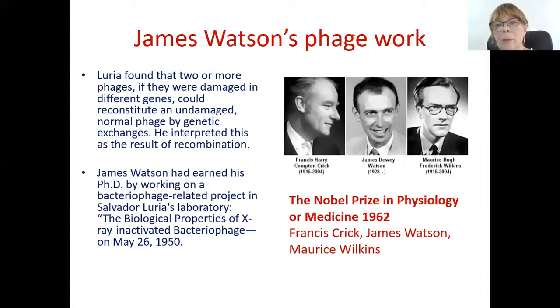Among them was also James Watson, who is known for the discovery of DNA structure. James Watson earned his PhD working on a bacteriophage-related project in Salvador Luria's laboratory, and the title of this project was The Biological Properties of X-ray Inactivated Bacteriophages. He got his PhD in 1950, and later the Nobel Prize in Physiology or Medicine, together with Francis Crick and Maurice Wilkins.